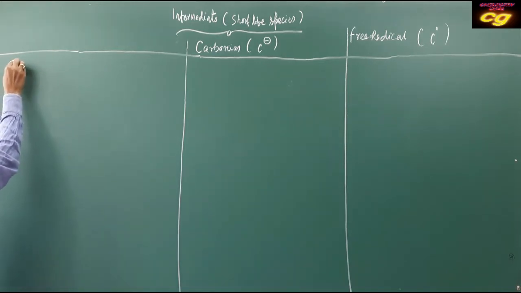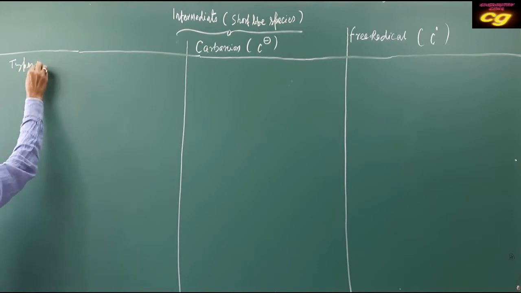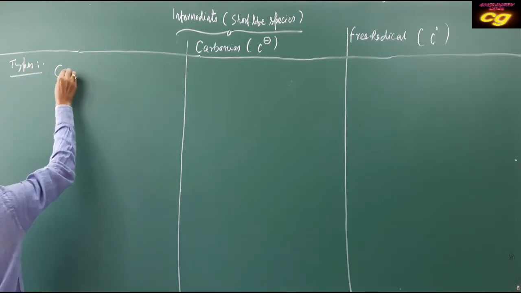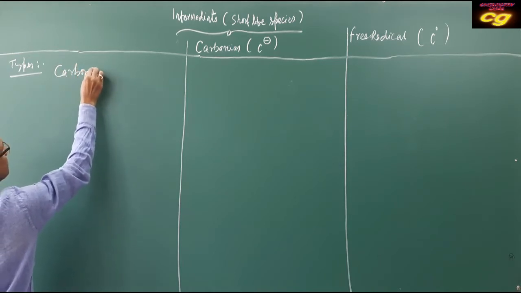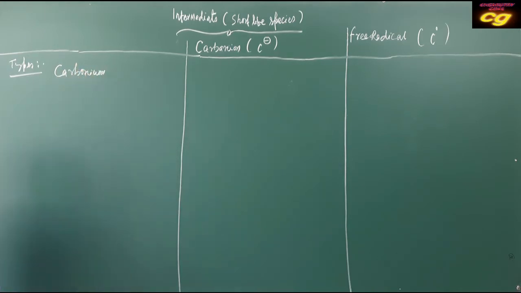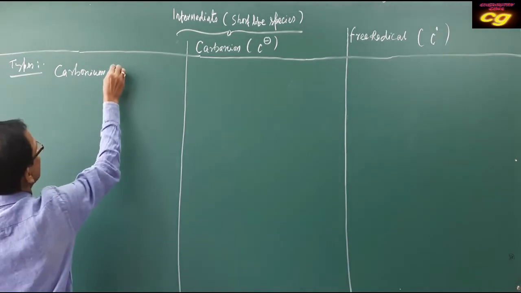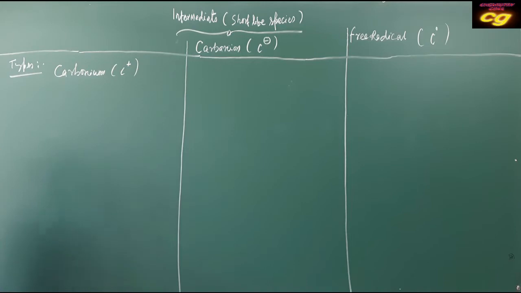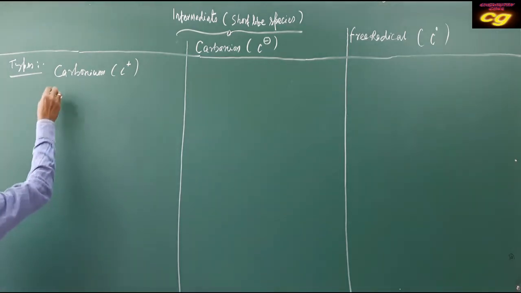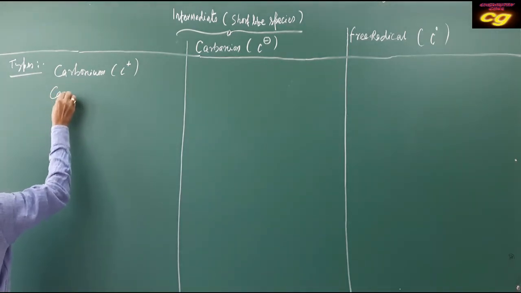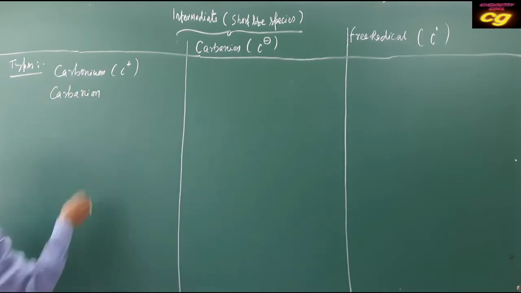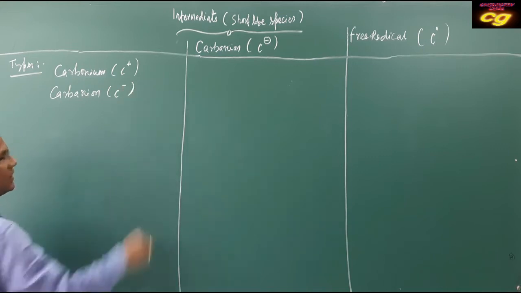If you write the types of intermediates, it may be carbonium or carbocation, that is carbon carrying plus charge mainly. Then carbanion, carbon carrying minus charge.